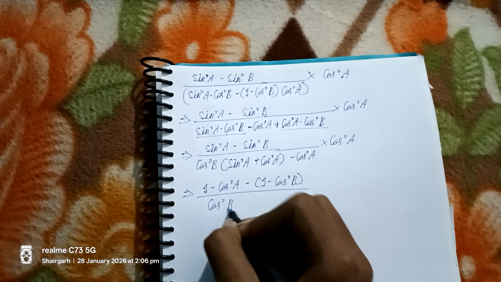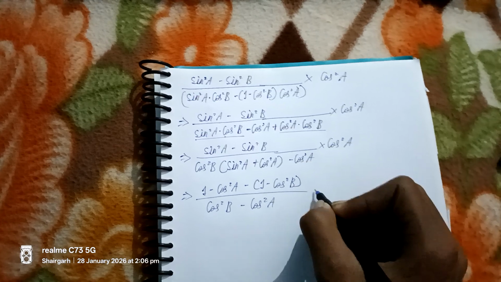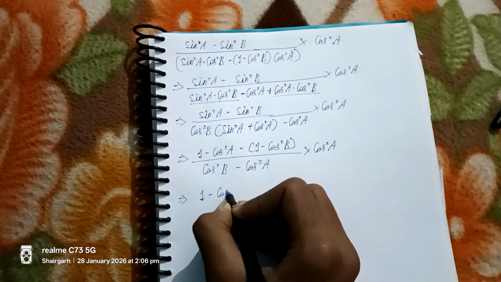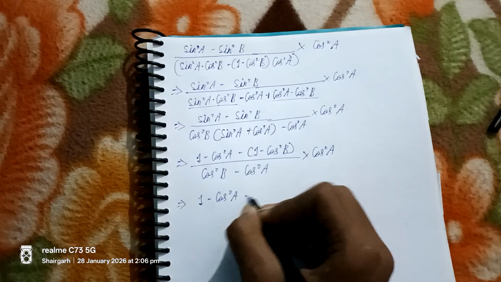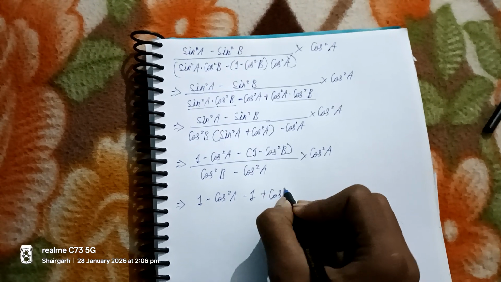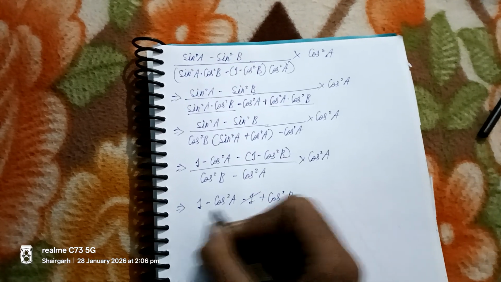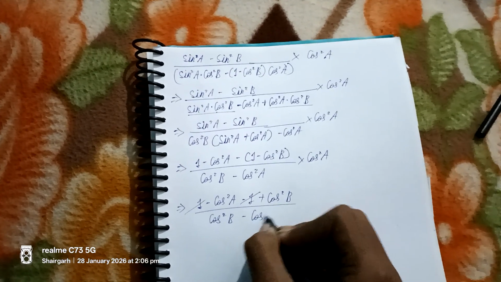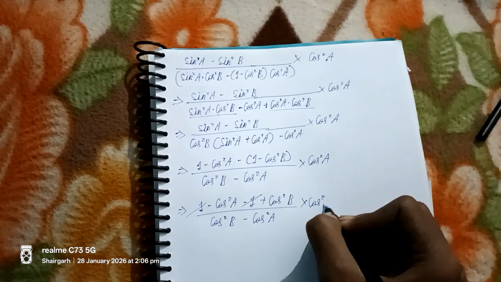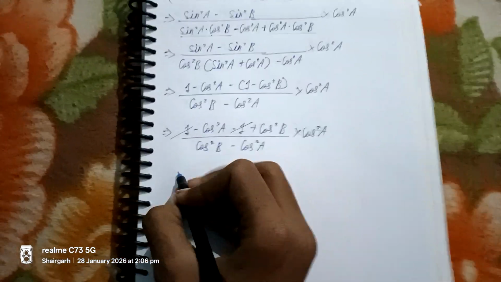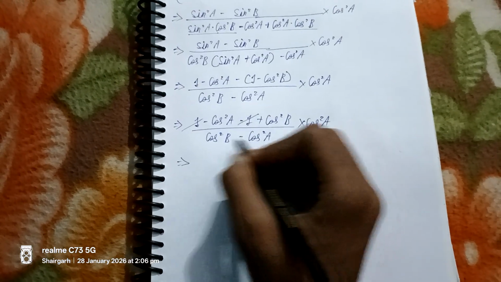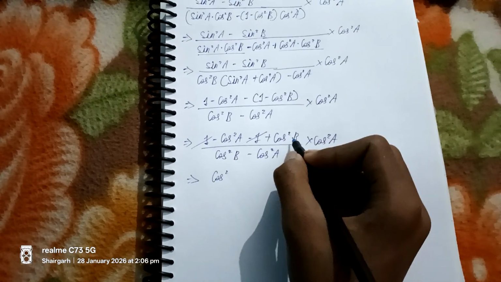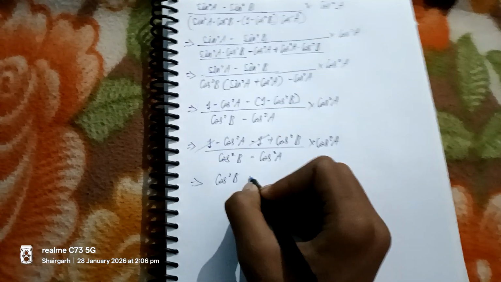Then in the denominator, cos square B minus cos square A into cos square A, then 1 minus cos square A, this will be minus multiplied by minus, plus cos square B, and this plus 1 and minus 1 will cancel here also, and the denominator is cos square B minus cos square A into cos square A. As we see that the numerator and denominator are equal, this term is written here and this term is written there.